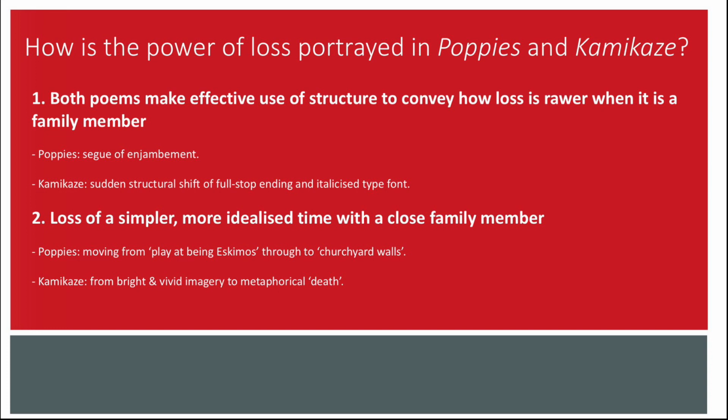Well, we do have some enjambment in Kamikaze. Indeed, we have a 30-line long sentence from line 1 to line 30. The first full stop of the poem does not occur until line 30. And it's at that point you get a sudden ending to the enjambment, in a way that you don't in Poppies, where it just gradually drifts on.